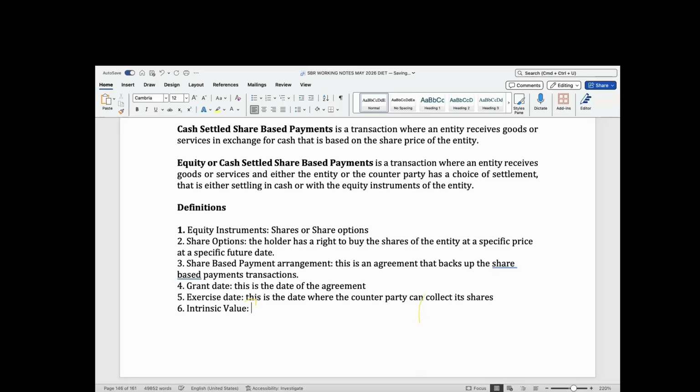So intrinsic value. In intrinsic value, this is the difference between the market price of the shares and the exercise price. Okay. Does this make sense? Should this make sense to you this way? Not really.